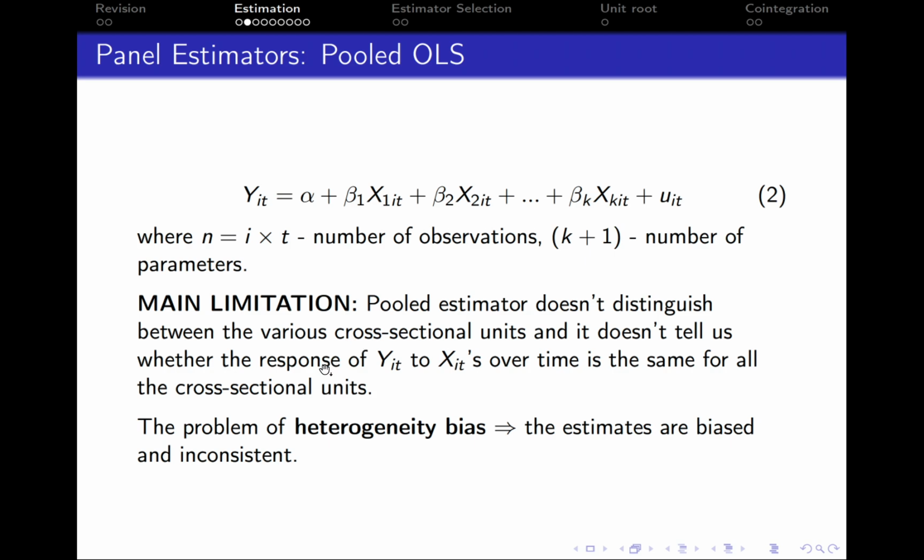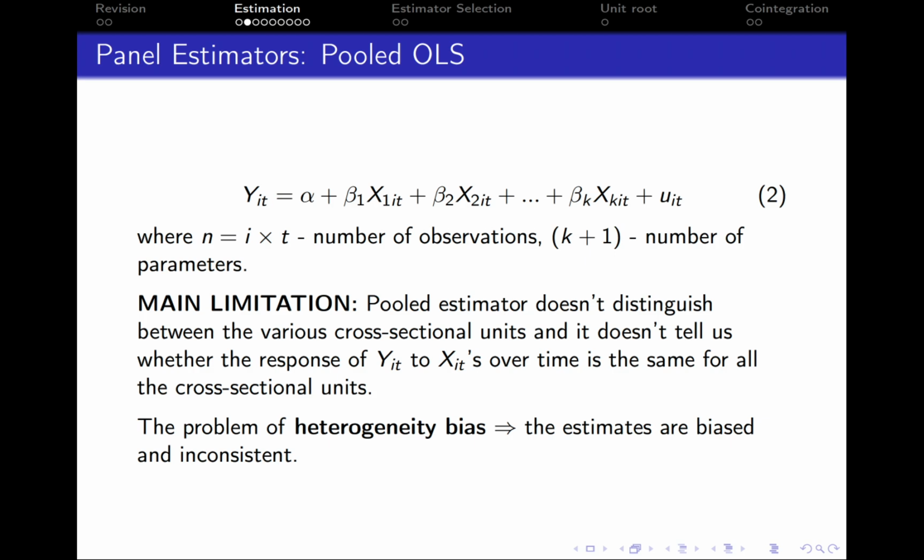And because of this, very often this estimator is known to suffer from the problem of heterogeneity bias. Heterogeneity bias is when we pool the estimates by assuming that they are all the same across countries, across cross-sectional units, which is often not the case because countries are extremely diverse, people are extremely diverse, and it's a very big mistake to assume that countries and people and cities are homogeneous.